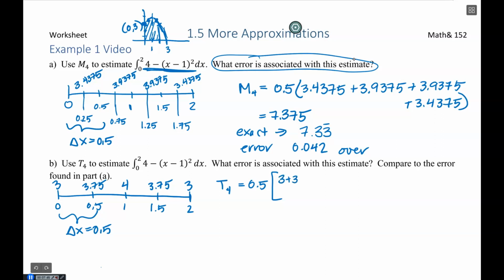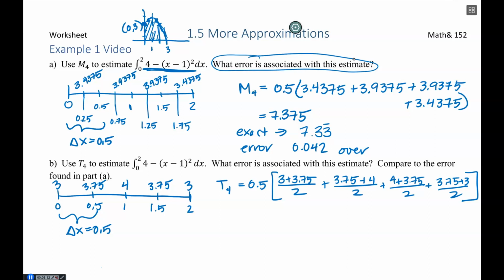So you're going to go 3 plus 3.75 over 2, and then 3.75 plus 4 over 2, and then 4 plus 3.75 over 2, and 3.75 plus 3 over 2. So we do have some repeat, but it's just because of the function that we're using.